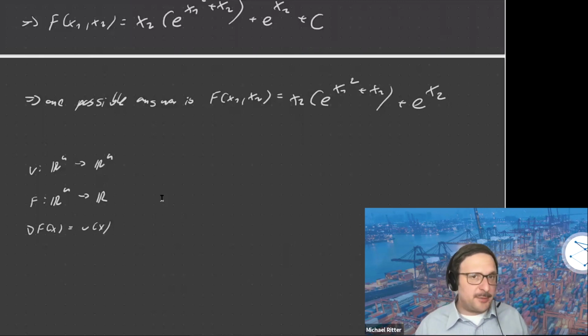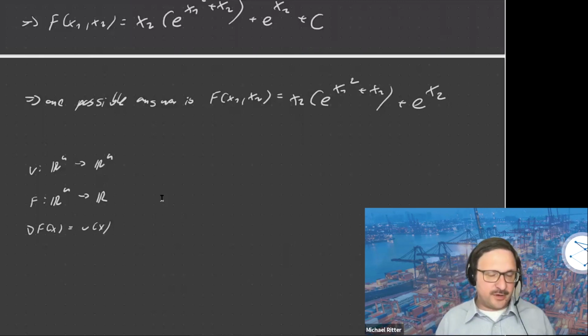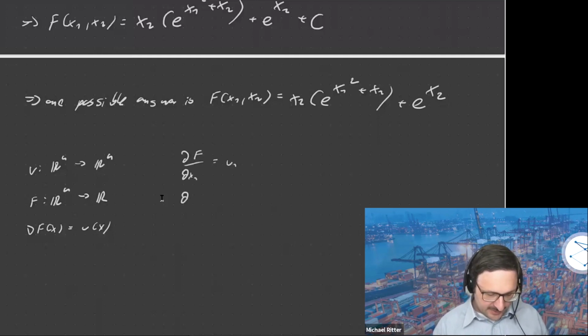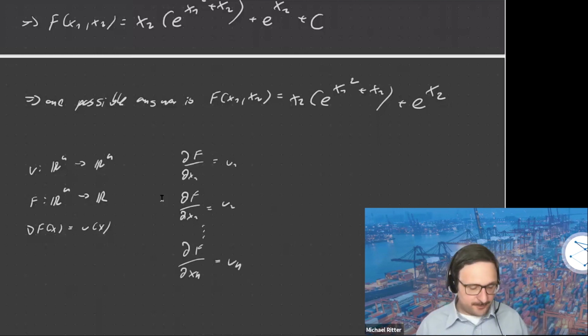And we could use that same approach if we wanted to determine such a potential in higher dimensions. Again, we would use something like df dx1 equals v1, df dx2 equals v2, and so on. So we just get more relations here, n instead of 2.